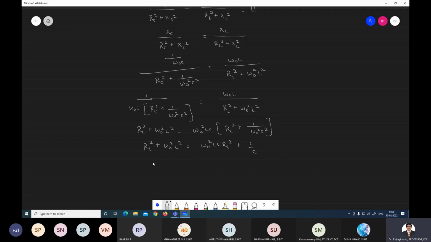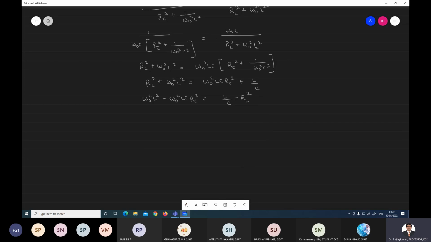So we can write like this: omega naught square L square minus omega naught square LC Rc square is equal to L by C minus RL square. So this we can write again. Here you can take omega naught square LC as a common factor.